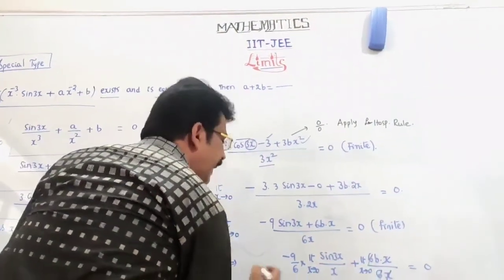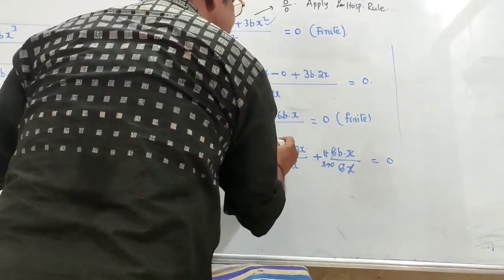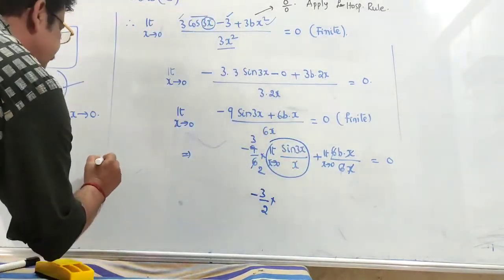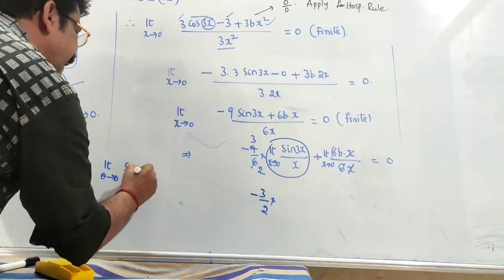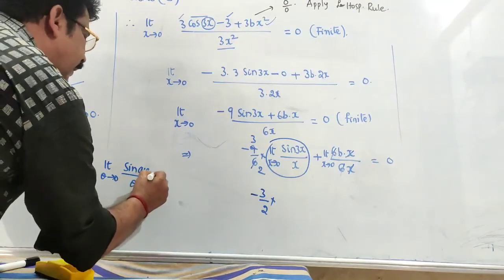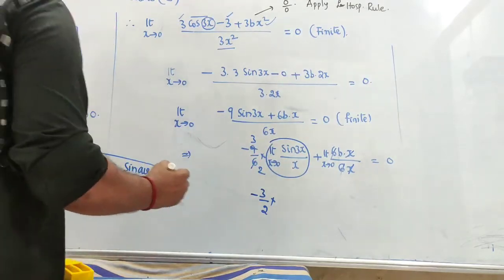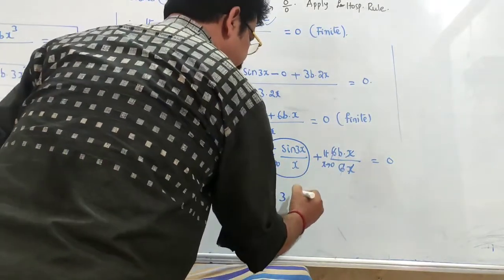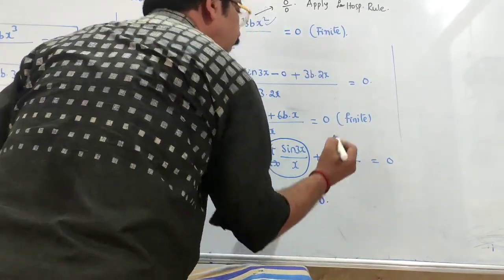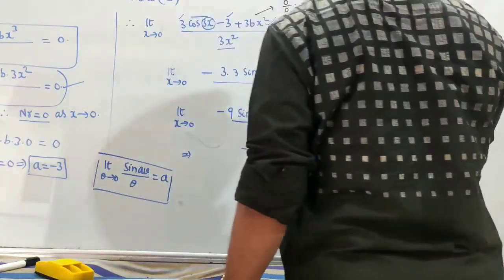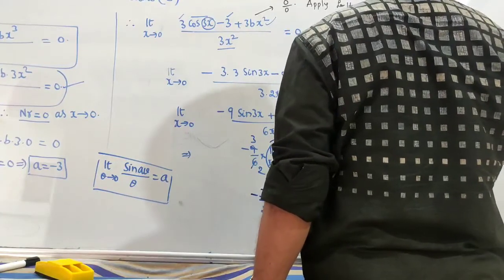So that is implied 3 2s are 3 by 2 into, this is actually already I said limit theta tends to 0 sine a theta divided by theta is equal to small a. This is the standard formula. So therefore it is 3 plus, it means only constant b, that is equal to 0. So therefore that implies minus 9 by 2 plus b, that is equal to 0.